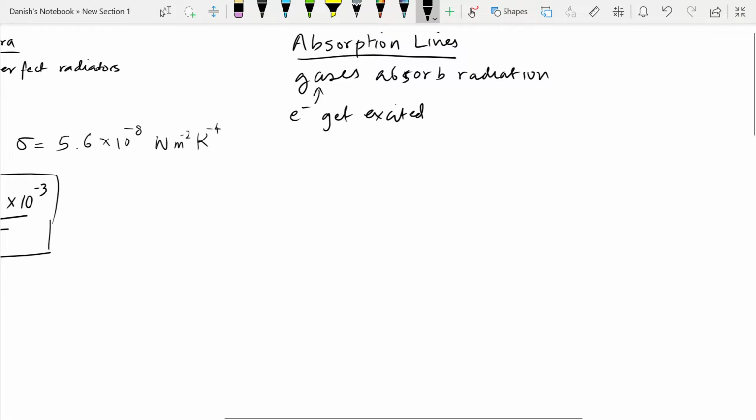Not really. But they get excited to higher energy levels. And as they get excited, we see the formation of absorption lines of different colors.